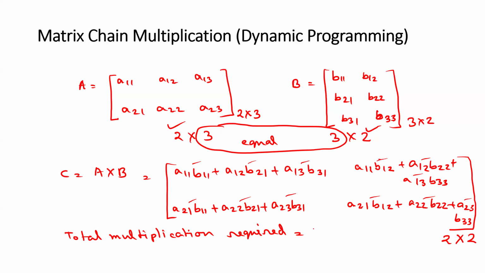How to calculate it: the number of rows of the first matrix, the number of columns of the first matrix, and the number of columns of the second matrix. That means 2 cross 3 cross 2, so we can say it is also 12. This is called the total number of multiplications, or we can also say the cost.